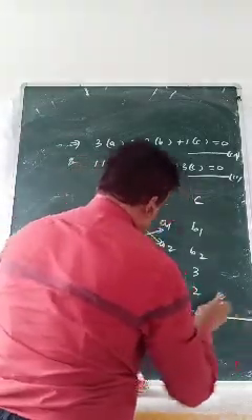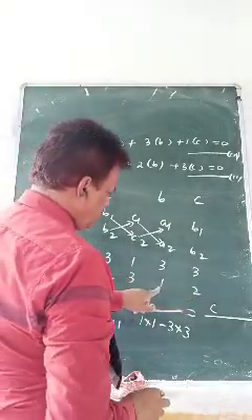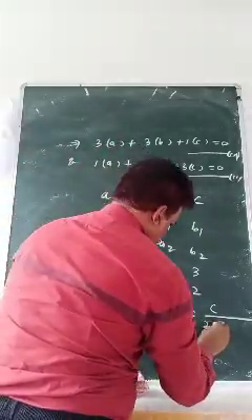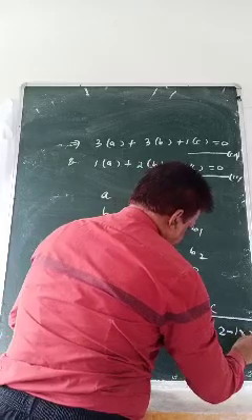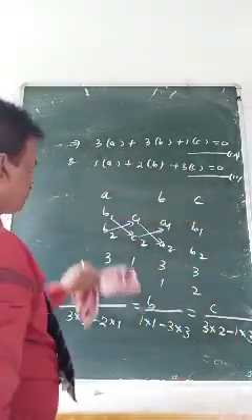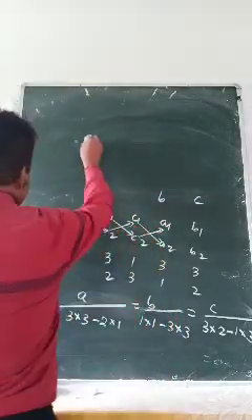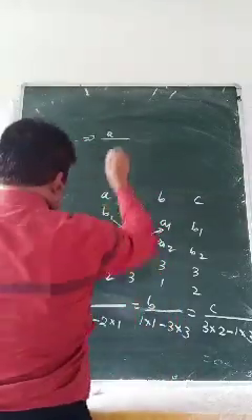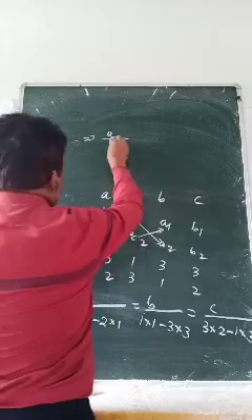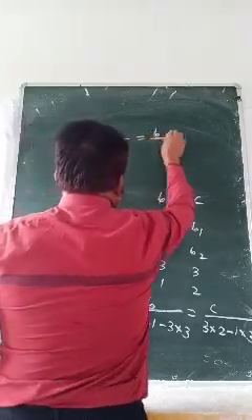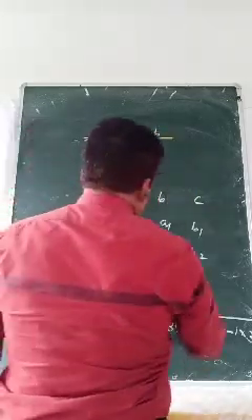C by 3 into 2, minus 1 into 3. A by 9 minus 2, 7. D by 1 minus 9, minus 8.